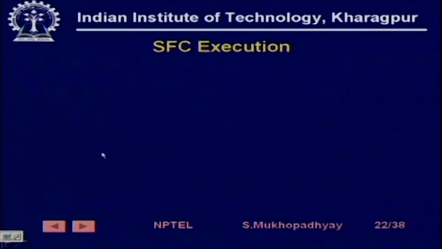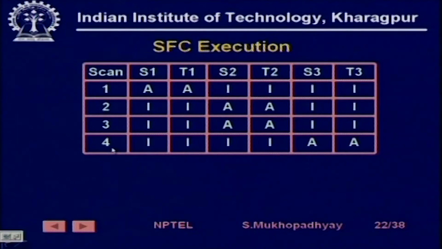So, if you see the activations in scan 1, it may so happen that S1 and T1 are active, while in scan 2 T1 has fired because T1 was active. So, it has come to S2 and then T2 is active.